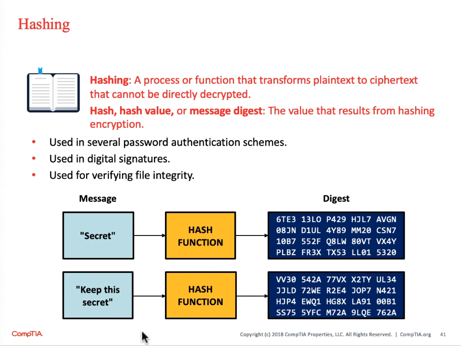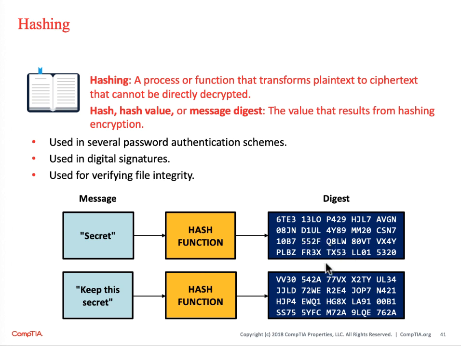If I put an entire book through a hashing function, I would get a message digest that's the same length as these two. My entire book gives me just as long a message digest as the word secret, or keep this secret.